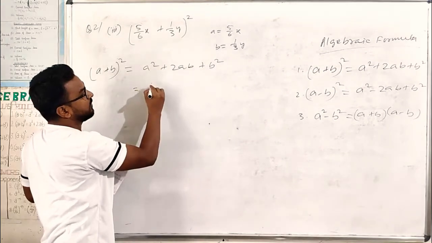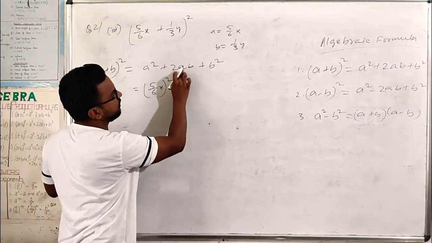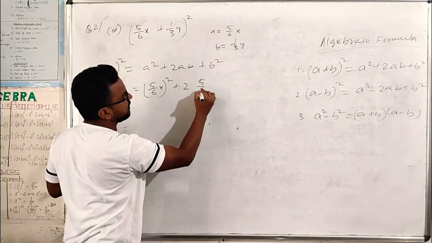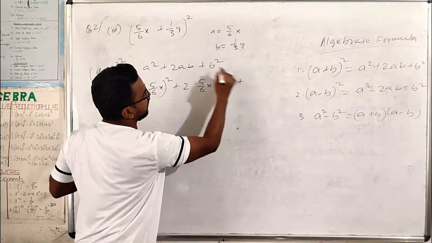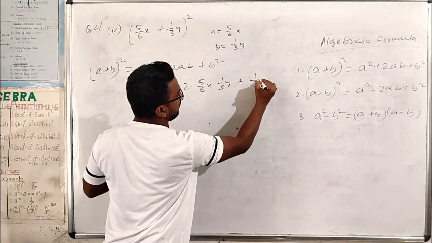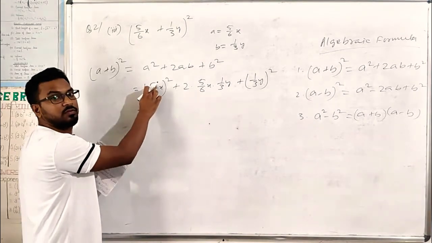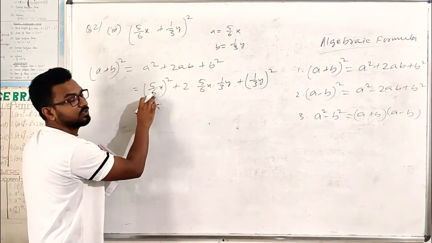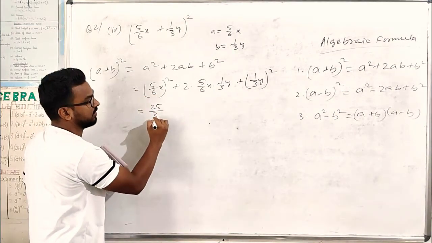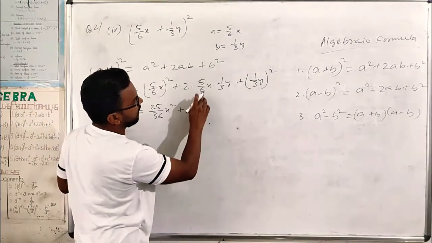A is what? 5 by 6x whole square plus 2 into a, which is 5 by 6x, into b, which is 1 by 3y, plus b, which is 1 by 3y, whole square. Now the square of 5 is 25 and 6 is 36 and the square of x is x square, plus, can you cancel here?